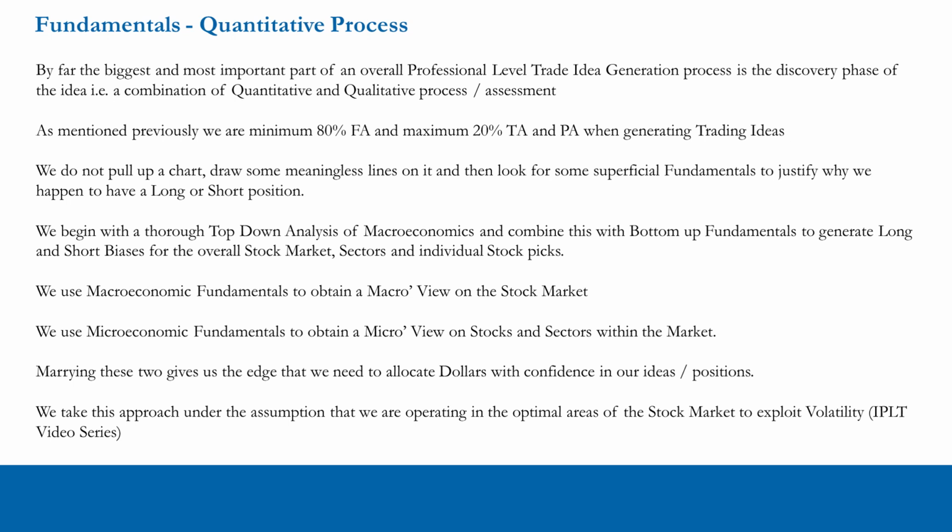And that was covered in the IPLT video series. So we understand which area of the market we need to be in to get consistency in returns, okay? To become consistently profitable, we understand the area that we need to be in within the market, and then we use a process to generate the ideas and to generate those consistent returns.